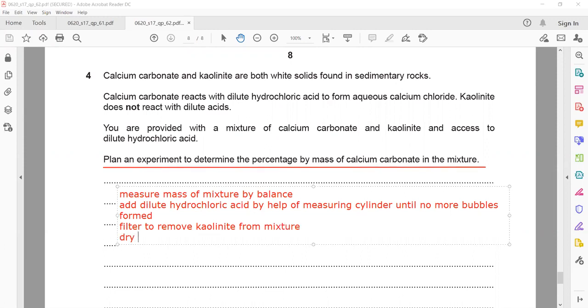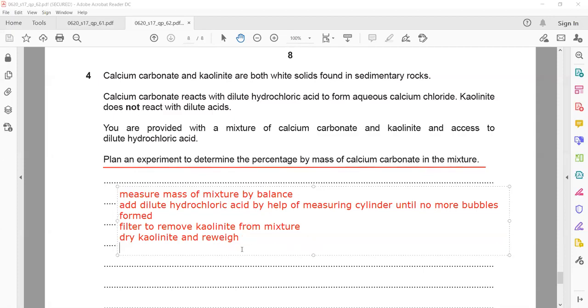Then we will dry and reweigh. We measure the mass again.